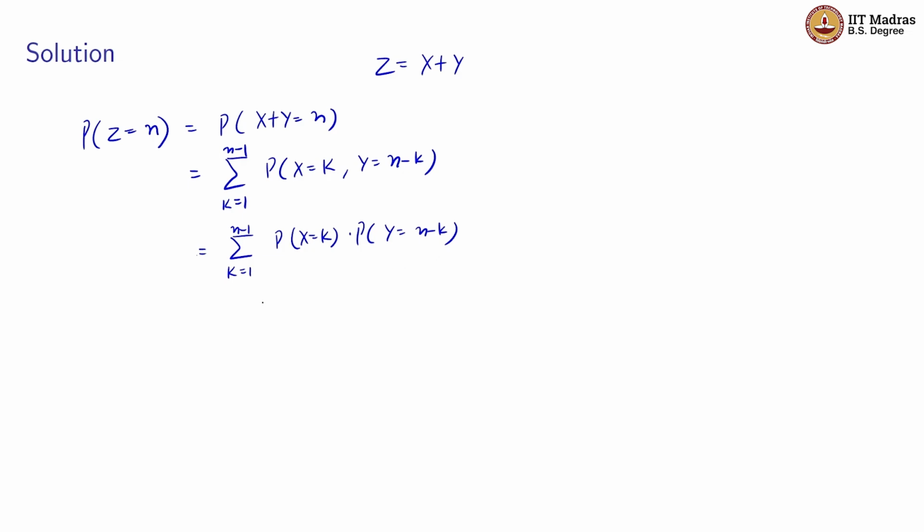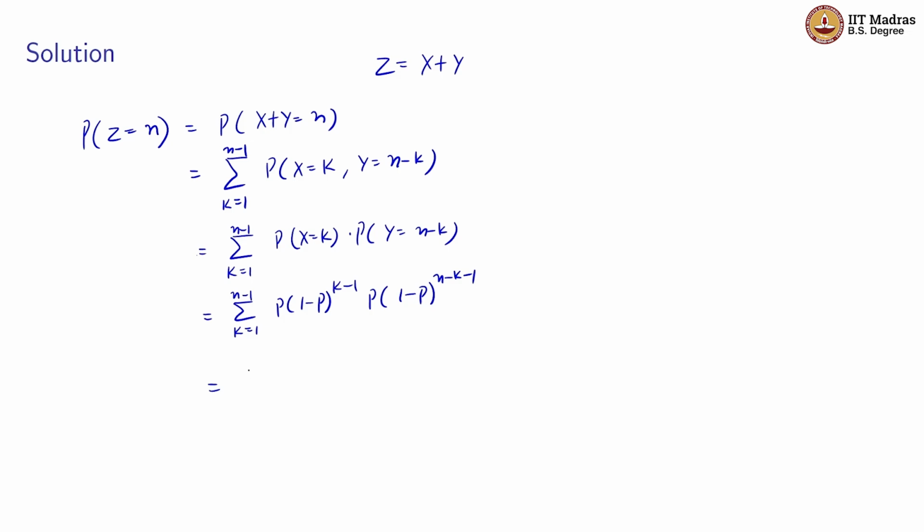And now let us use the formula of geometric PMF. So this will be equal to summation k from 1 to n minus 1, and the probability x is equal to k will be p into 1 minus p raised to the power k minus 1, and the probability that y is equal to n minus k will be p into 1 minus p raised to the power n minus k minus 1. Now on further simplification, we can take constant out of the summation.